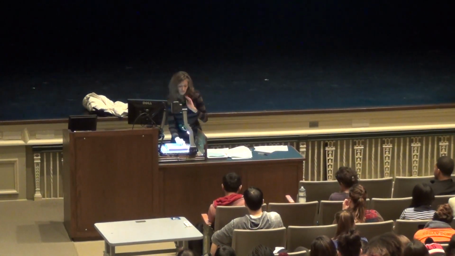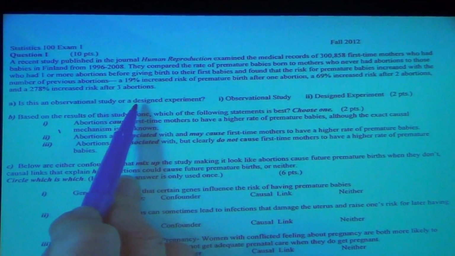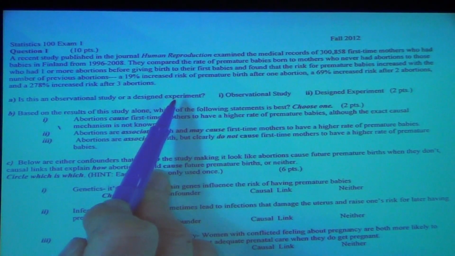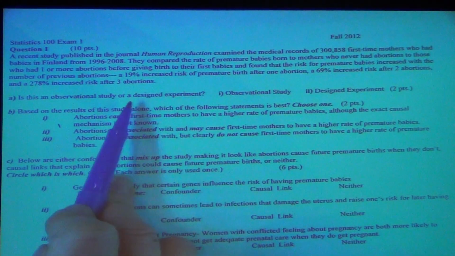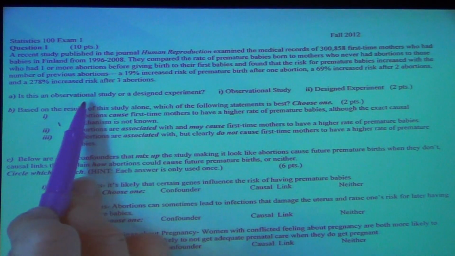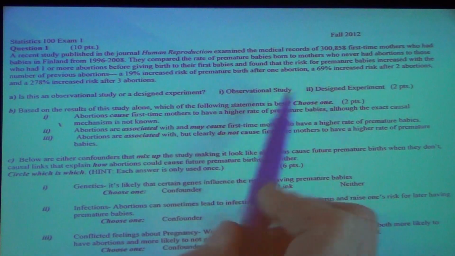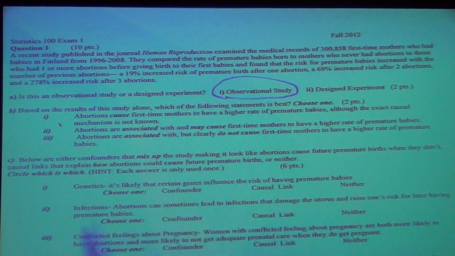So first off, first question: is this an observational study or a designed experiment? A designed experiment means that the researcher actually chose who would have the abortions and who wouldn't. So obviously it's an observational study, right? Does everybody see that? They just went and looked, and they're comparing.